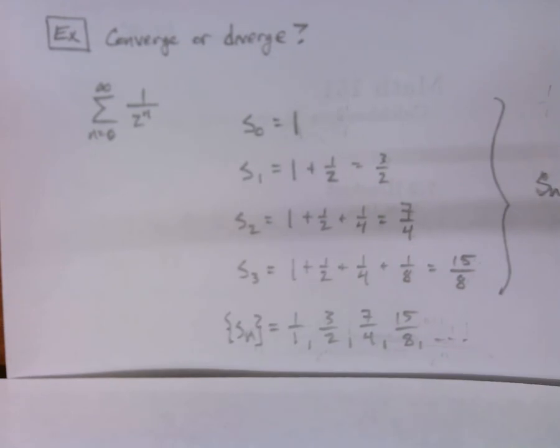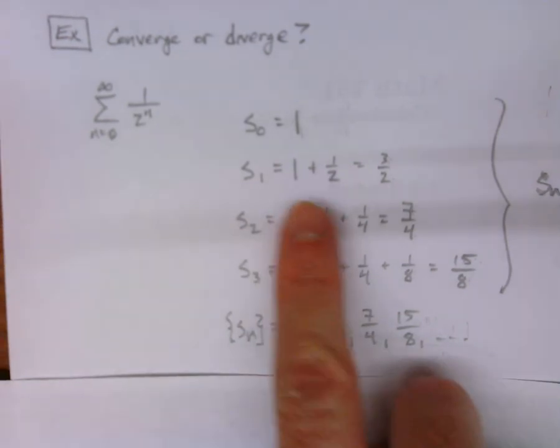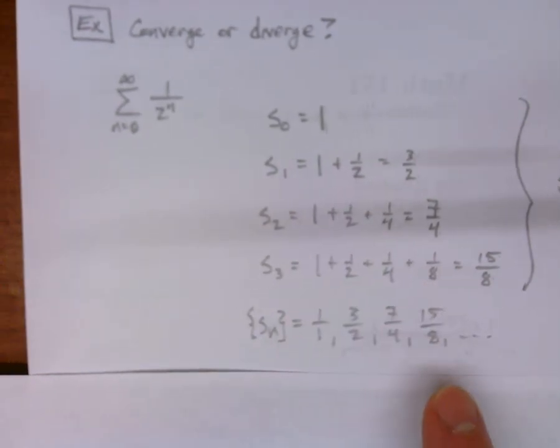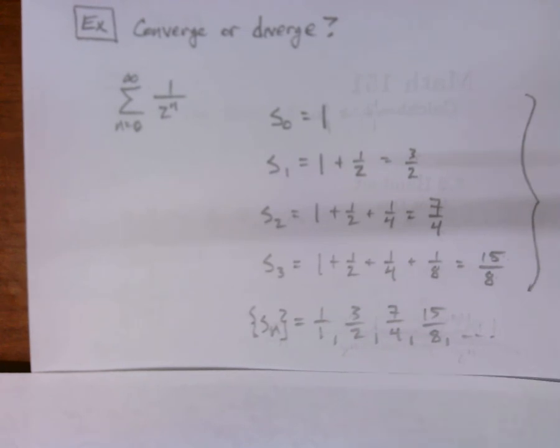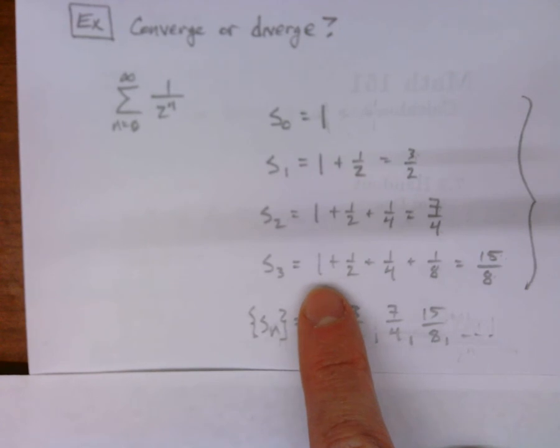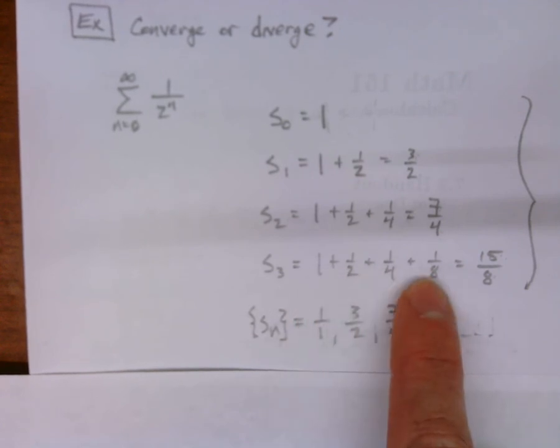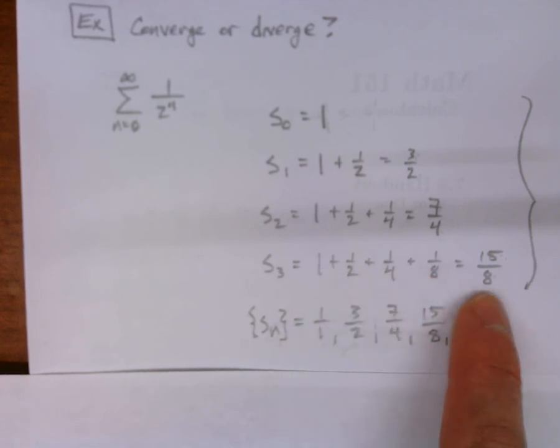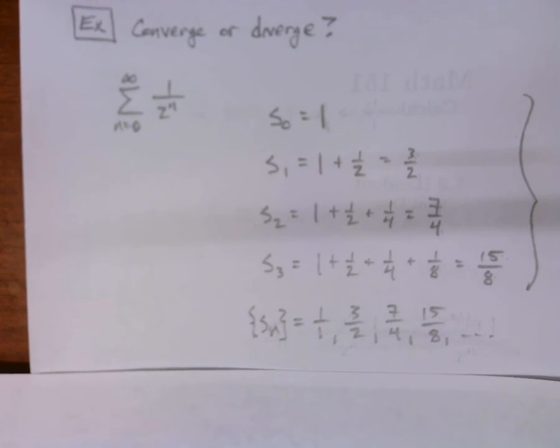Feel free to check these if you desire. And I go, okay, so we're kind of looking for a pattern. Let's get one more. I think that'll be enough. The third partial sum, n equals 0, 1, 2, 3. Add all those together. It's 15 over 8.